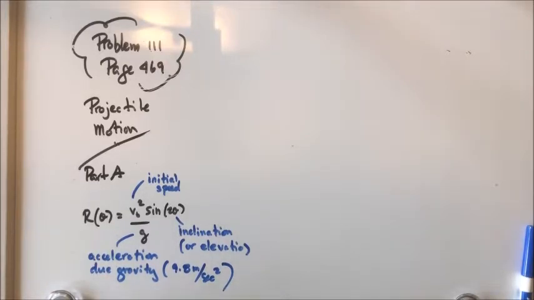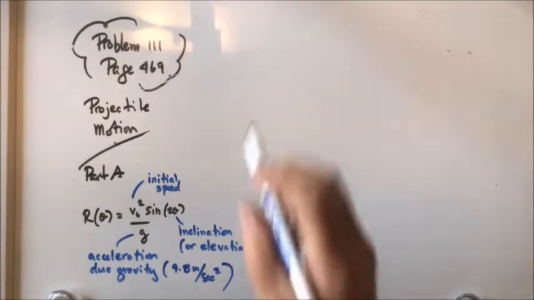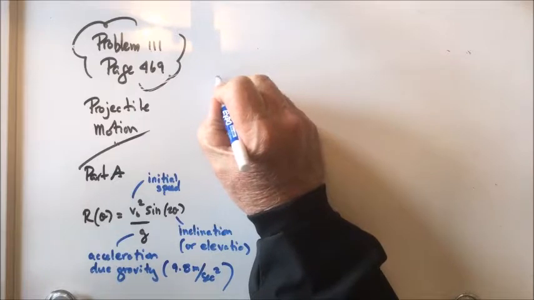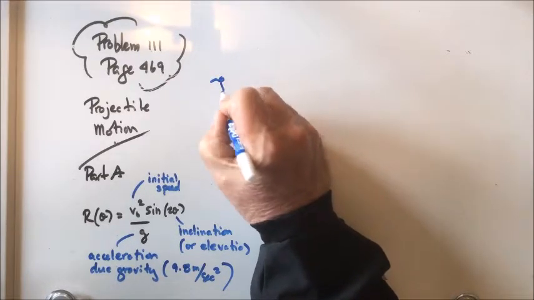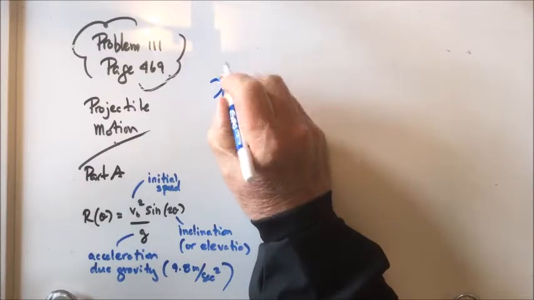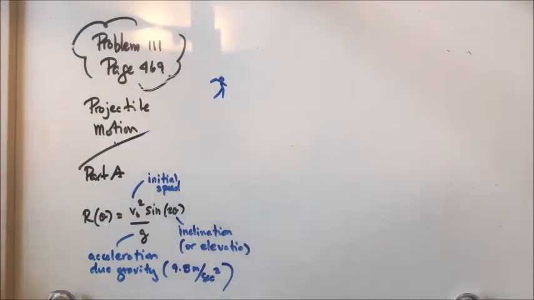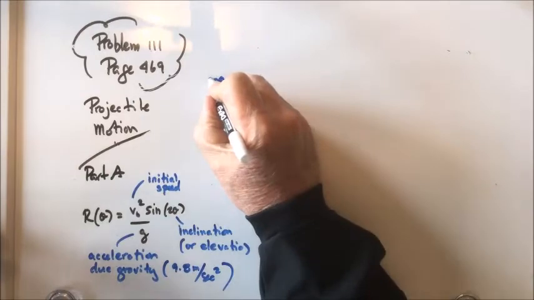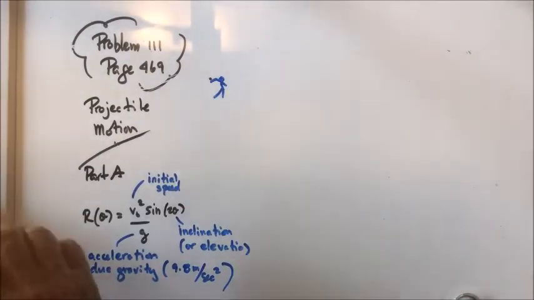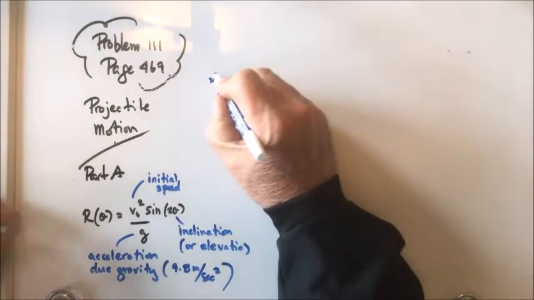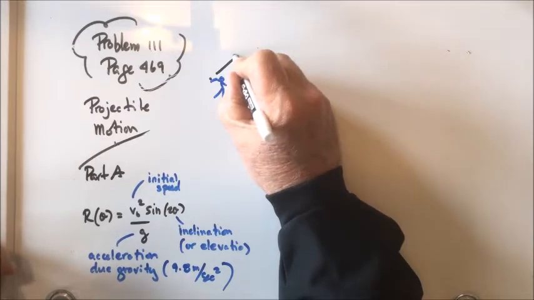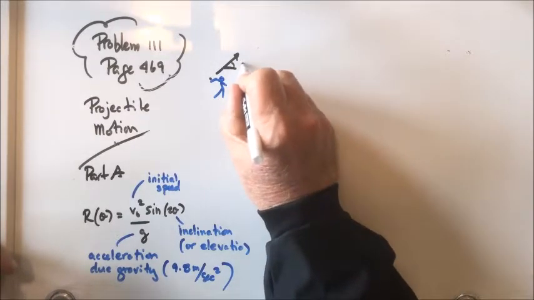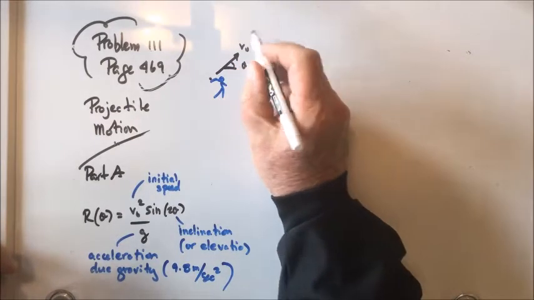So let me just draw a diagram for those visual learners amongst you. Here's a little guy. He's got his arm cocked back. He's striding forward. And boy, that looks silly. But he's got a ball. Look out, he's got a ball. And he is throwing it at some angle with respect to the horizontal and at some speed.